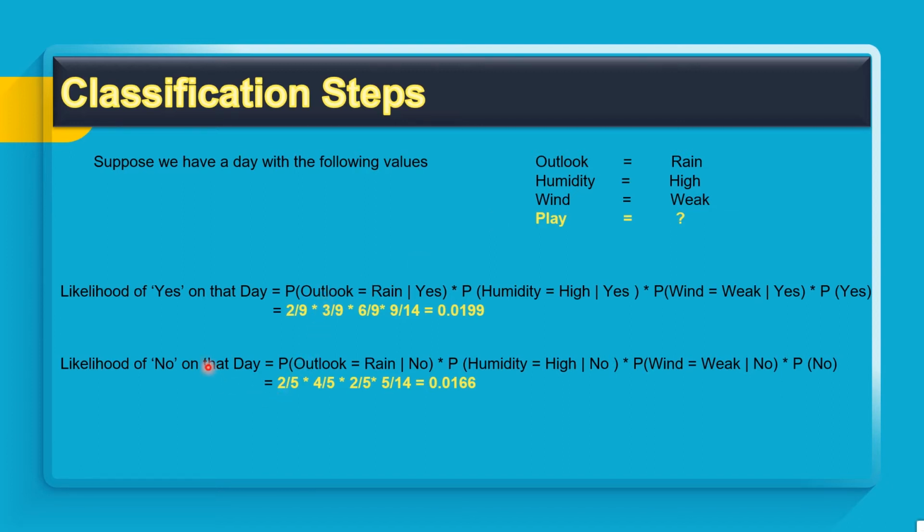The likelihood of yes on that day is equal to the probability of outlook rain given that it's a yes into the probability of humidity high given yes, and the probability of wind weak given that we are playing yes, into the probability of yes, which equals 0.019, and similarly the likelihood of no on that day is equal to 0.016.